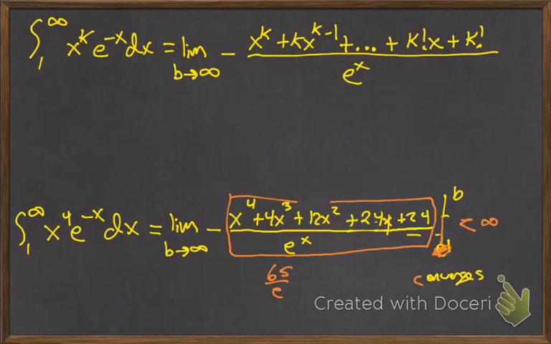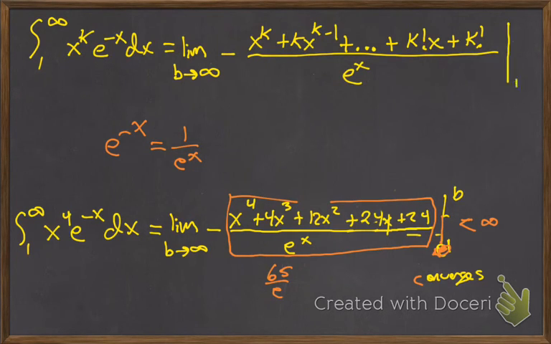Remember e to the minus x is 1 over e to the x, so we're rewriting that there. Every term had an e to the minus x, so we factor that out, and then that goes to the denominator. Now we don't know what k is, but we will have a finite number of applications of L'Hopital's rule, and that'll be just fine.